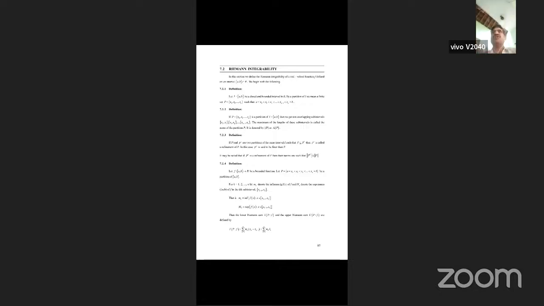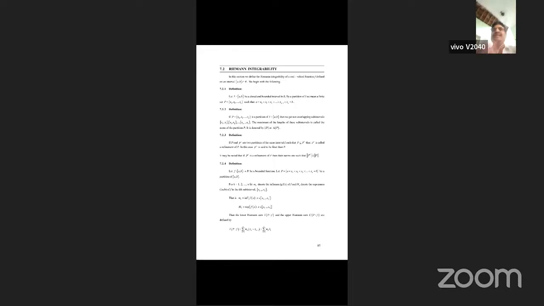What is a partition? According to the line, we have to discuss the interval points. What are the interval points? Integral from a to b. Every line integral must be defined on a closed interval; especially the Riemann concept must be defined on the closed interval [a, b]. What is the closed interval [a, b]?